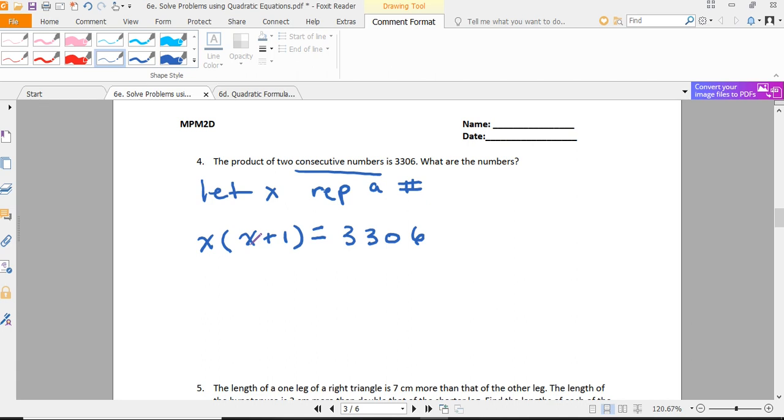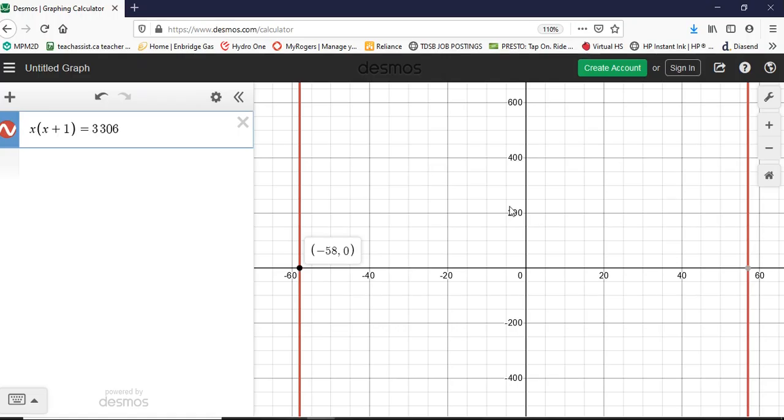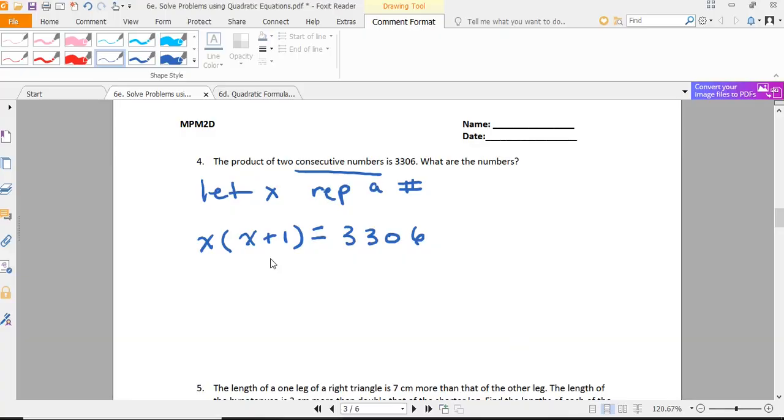Negative 57. So negative 58 times negative 57 will give me 3306. That would be the answer. Or it could be positive 57, and 57 plus 1 is 58. So 57 and 58 will also give me 3306.